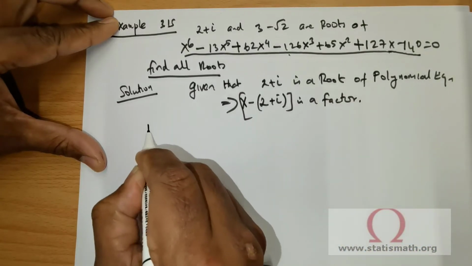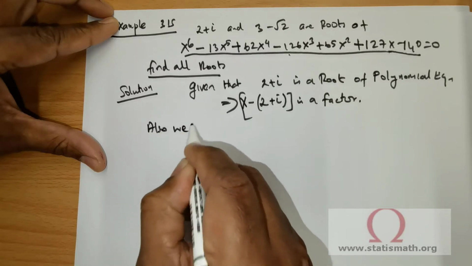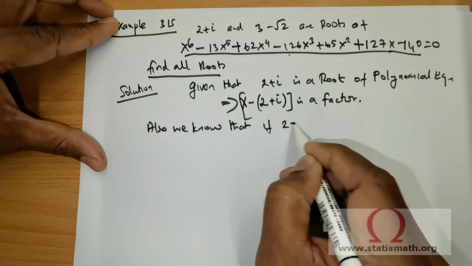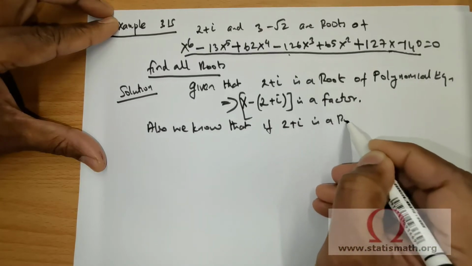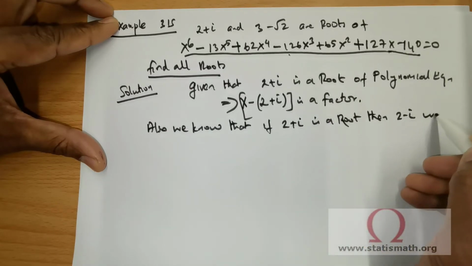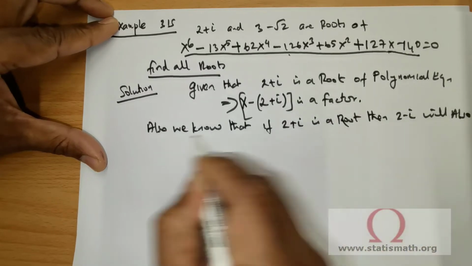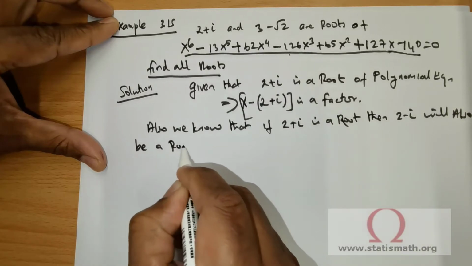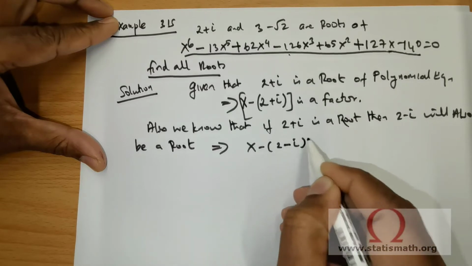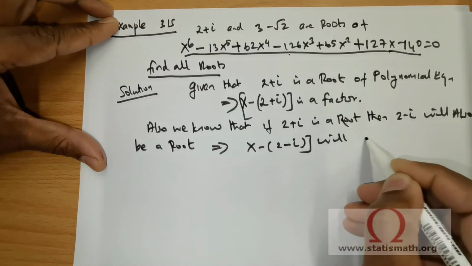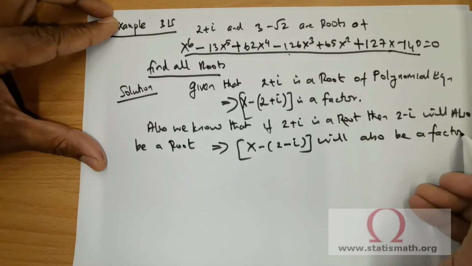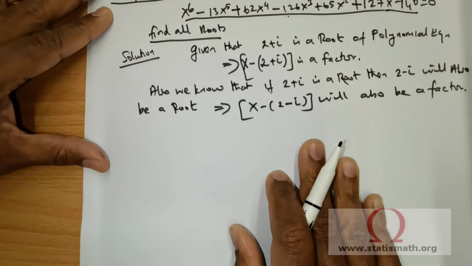Also, we know that if 2 + i is a root, then 2 − i will also be a root. So this means x − (2 − i) will also be a factor. So this is the first part.